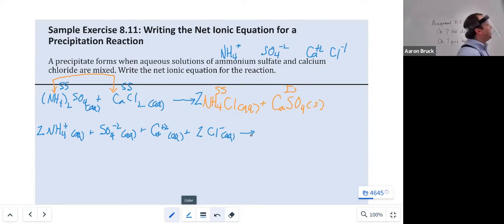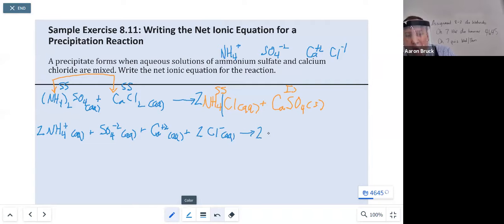Now with coefficients, you do the same thing, only you apply it to both of the ions inside of that compound. So sometimes it's helpful to kind of split, just to remind yourself, this is the cation, this is the anion, this is what I need to do.